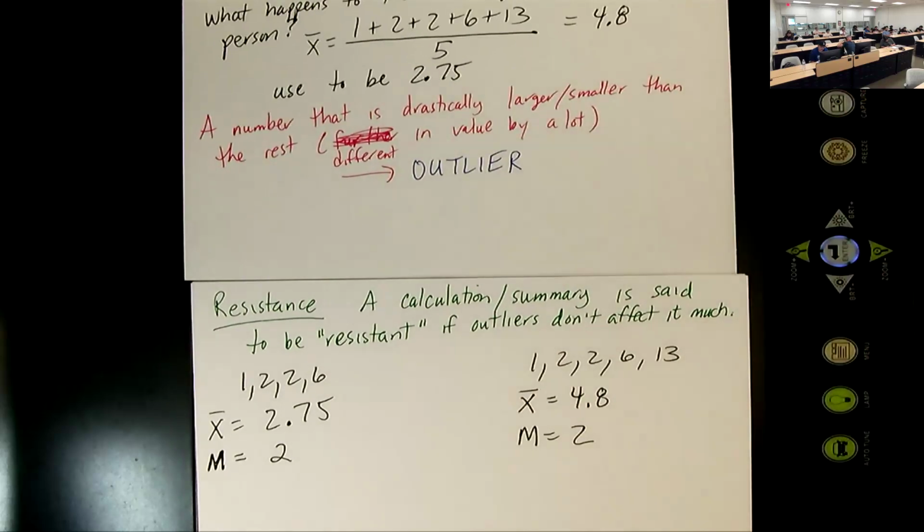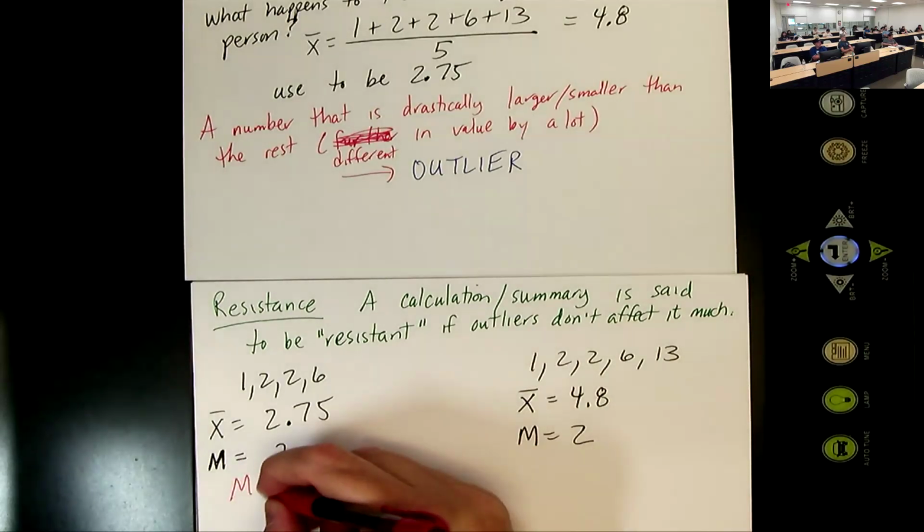So, can I say either one of these is resistant? Is the mean or median resistant to outliers, or neither or both? Did the value change by a lot by the addition of the 13? Well, median definitely not. Median didn't change.